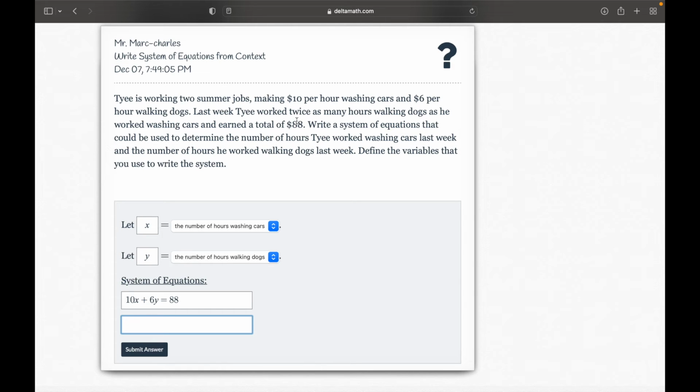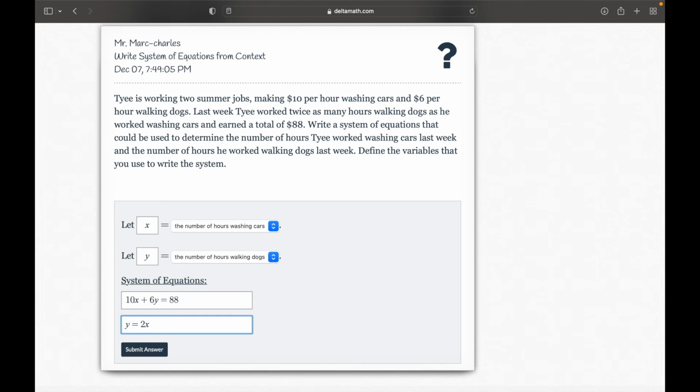So he did more walking dogs. So walking dogs is y. How many more? Twice as many hours as washing cars. Washing cars is x. Twice. Multiply x.